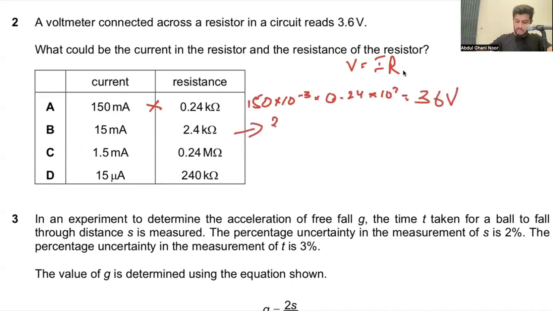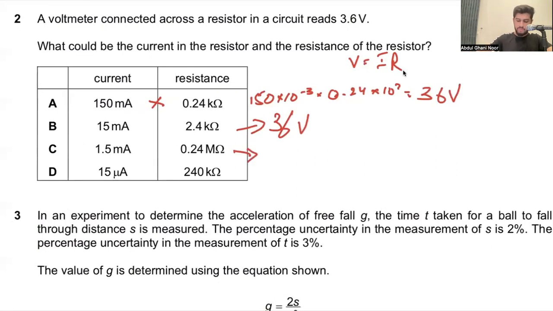And once again, you get 36 volts. For the third one, you get 360 volts. And for the last one, 15 micro and 240 kilo, where micro is 10 to the power minus 6, you get 3.6 volts. So the correct answer, yes, is D, 3.6 volts.